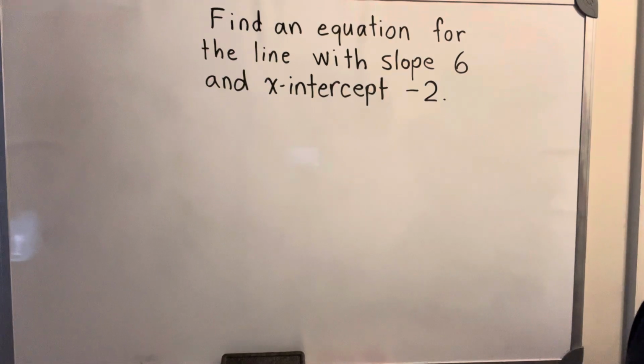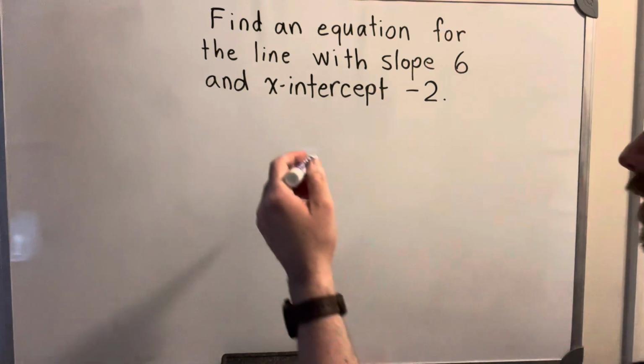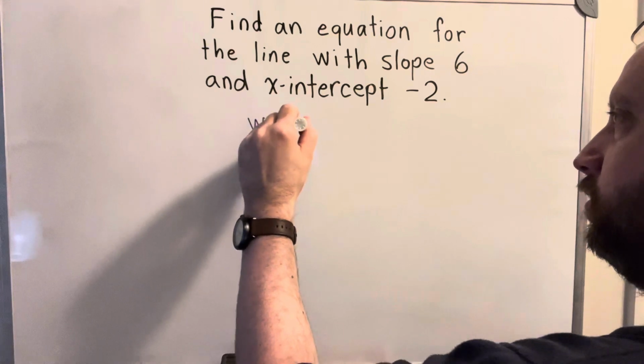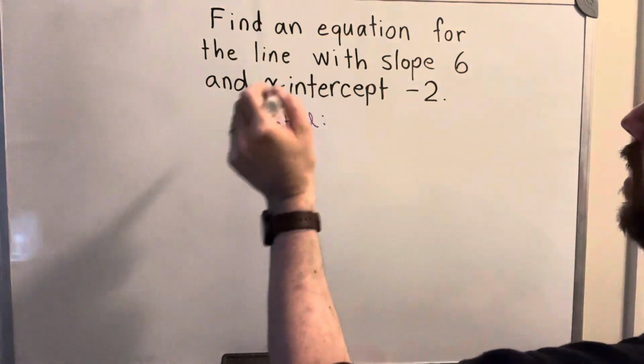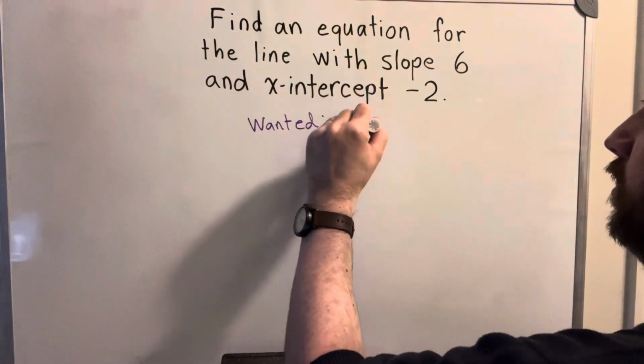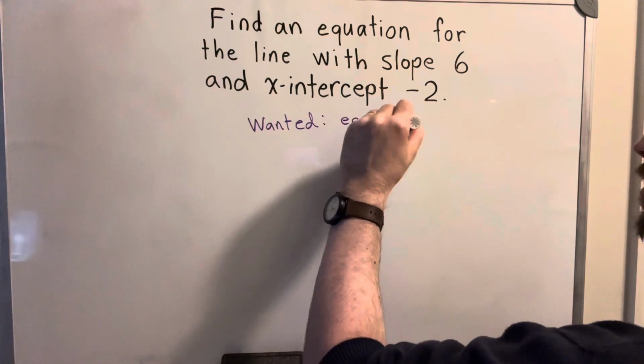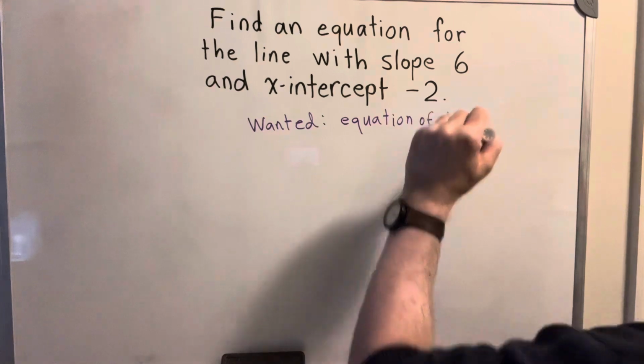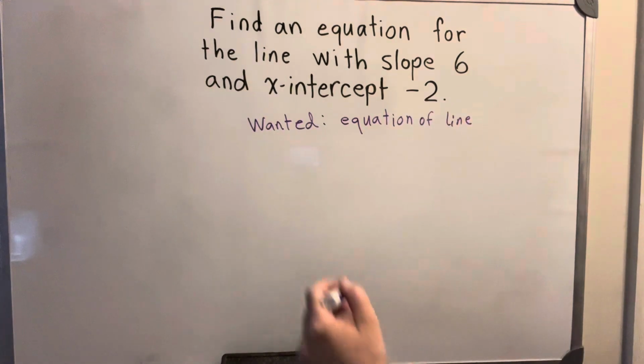This problem says find an equation for the line with slope 6 and x-intercept -2. So to write down what is wanted: equation of the line.